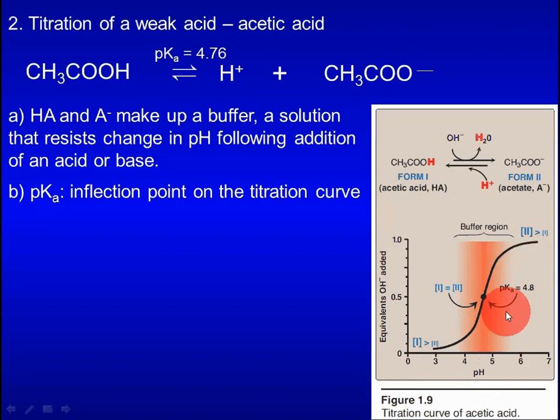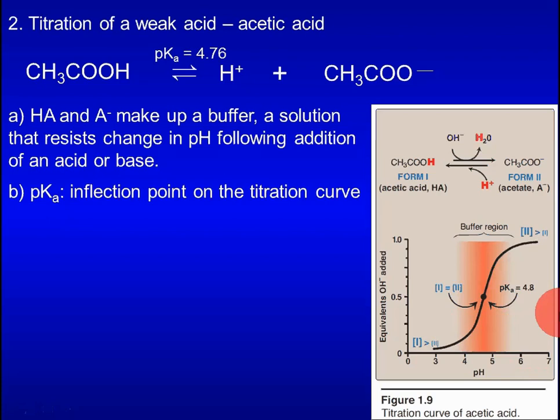First, the range in which pH changes slowly, the middle range, is called the buffer region. In the middle of the buffer region, there's a turning point, or inflection point, and that pH is pKa. This is how we determine pKa experimentally.